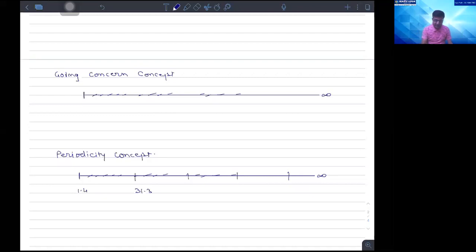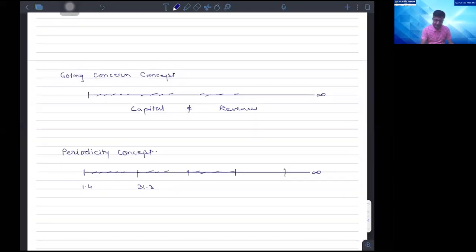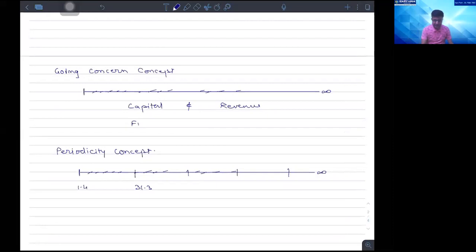And that's why we made the distinction between capital and revenue, fixed and current, capital and revenue, income and expense, fixed and current assets.